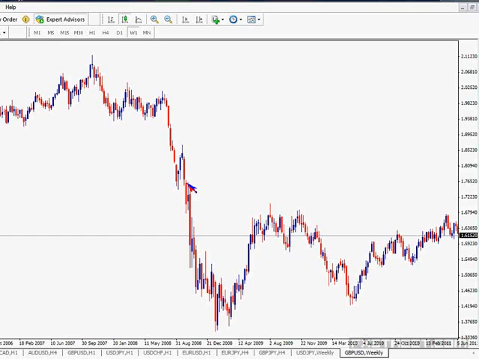Honestly, what I tend to watch, and I will enlarge the chart a bit, is price action at the opening.